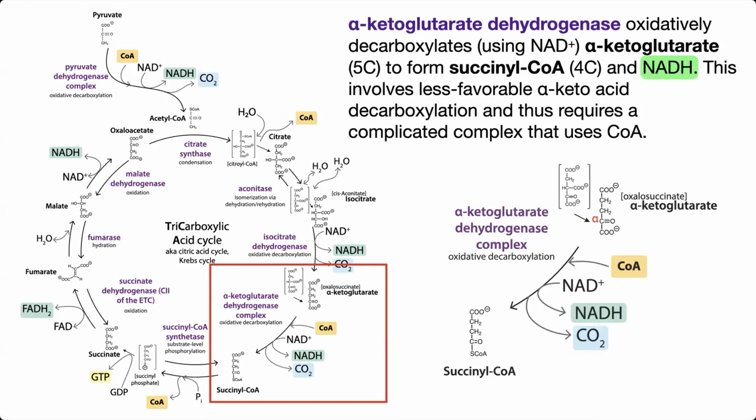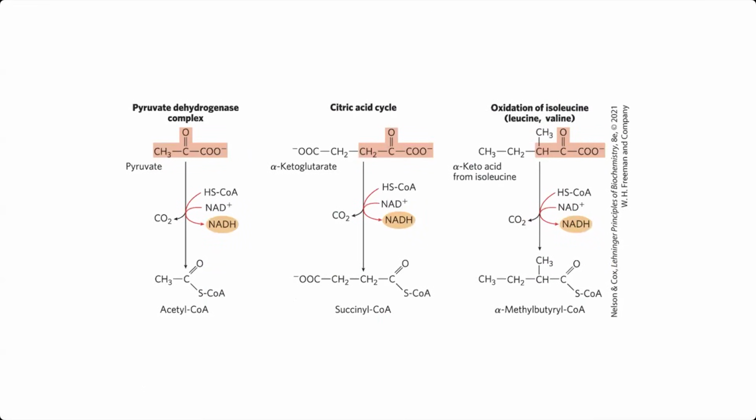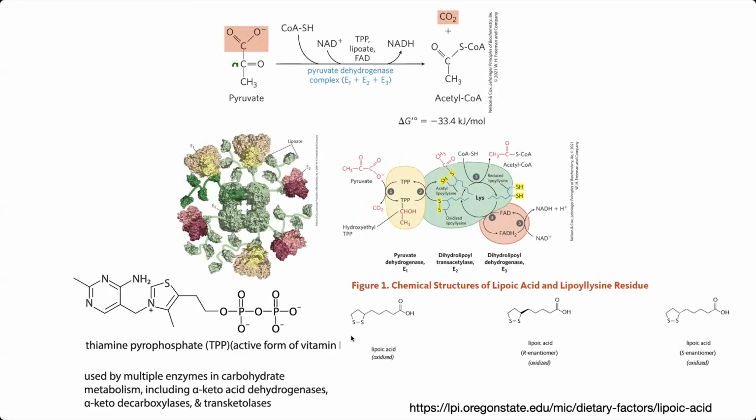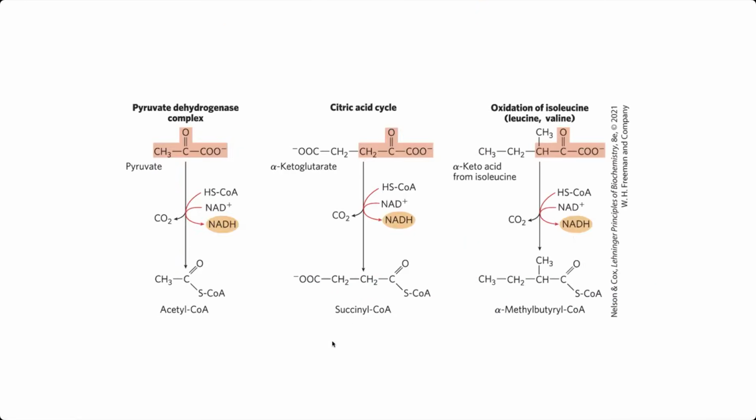And the alternative way is going to be through a complex. And that complex is going to be fairly complex, and it's going to use this CoA. This complex, as I mentioned before, has parts that are shared by multiple different alpha-keto acid dehydrogenase complexes. This is showing you the one for pyruvate, the pyruvate dehydrogenase complex.